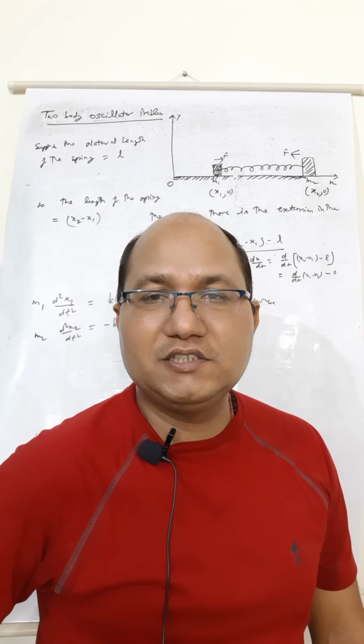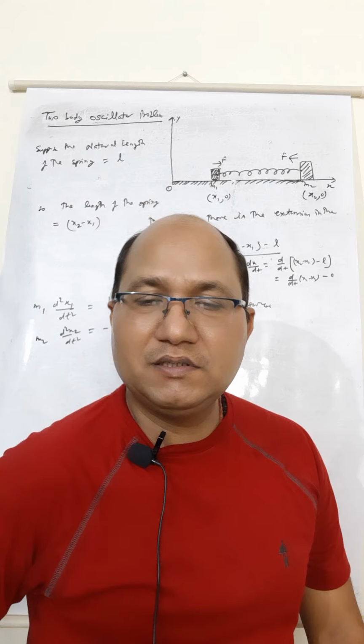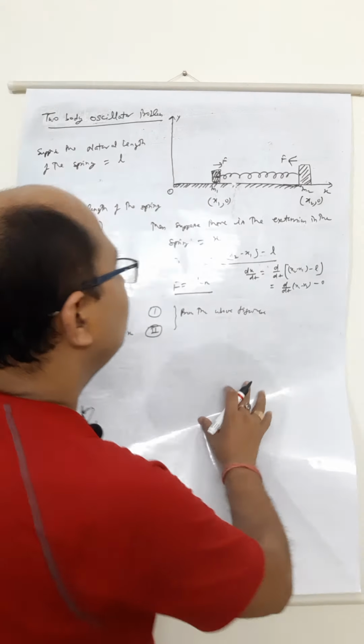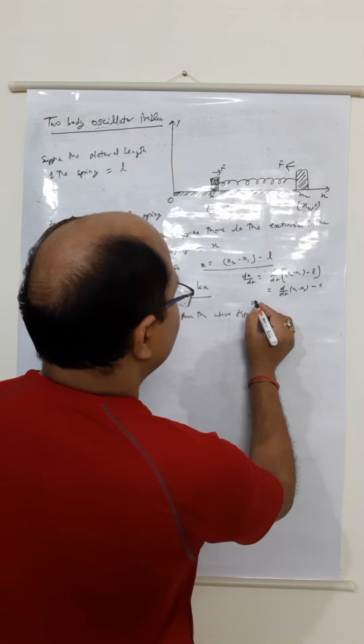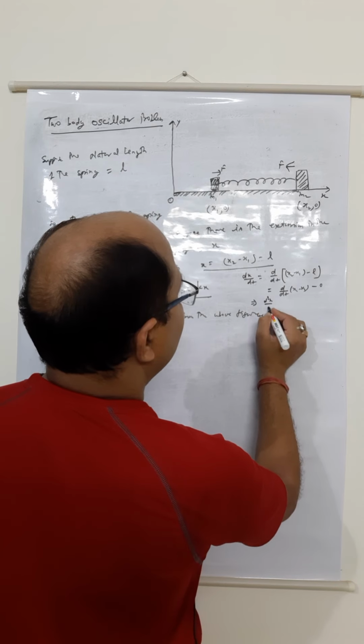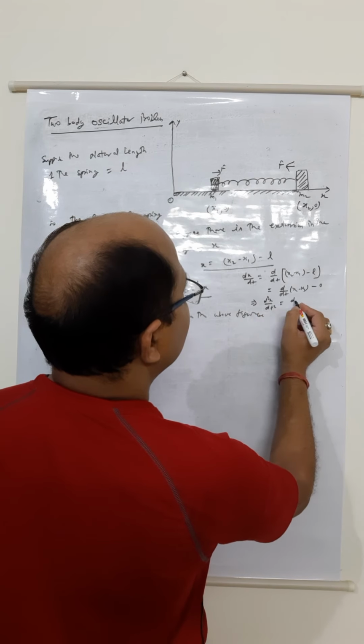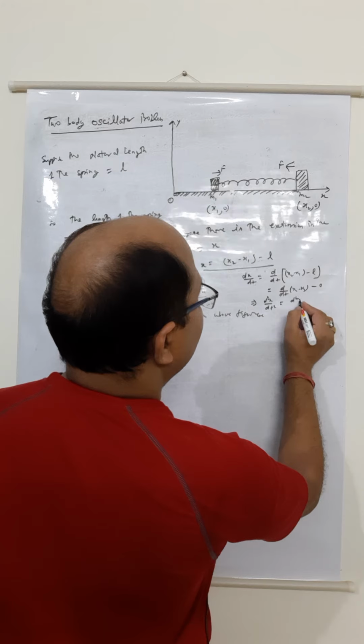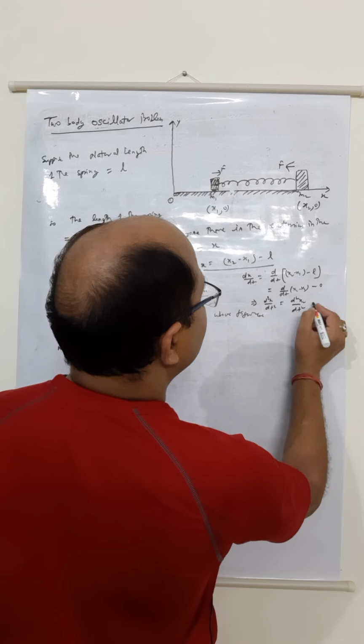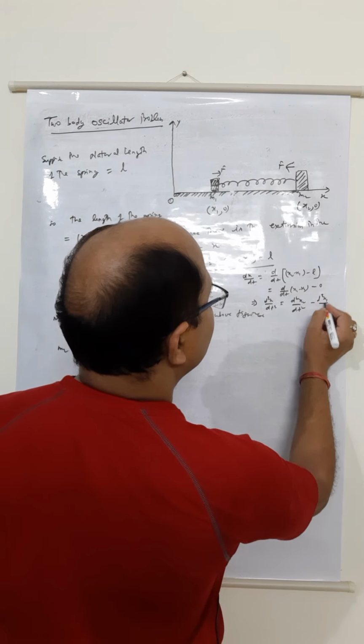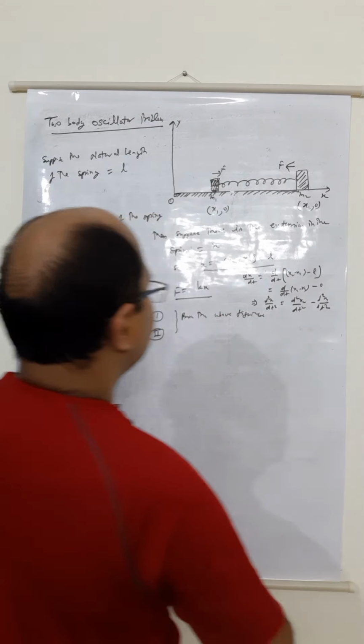The natural length of any spring always remains constant. And from this, d2x upon dt2 is equal to d2x2 upon dt2 minus d2x1 upon dt2.